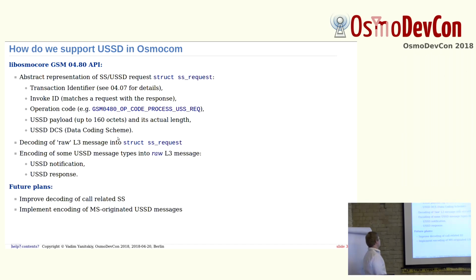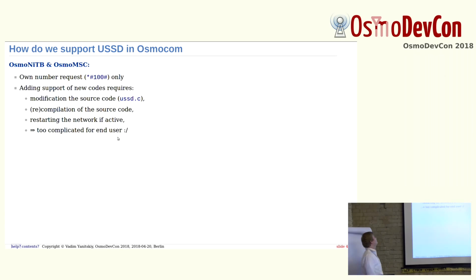What I would like to do in the future is to improve decoding of call-related supplementary services, because it's not implemented in a good way for now. And I would like to implement encoding of mobile-originated USSD messages, because it could also be used in the OsmocomBB project and somewhere else.